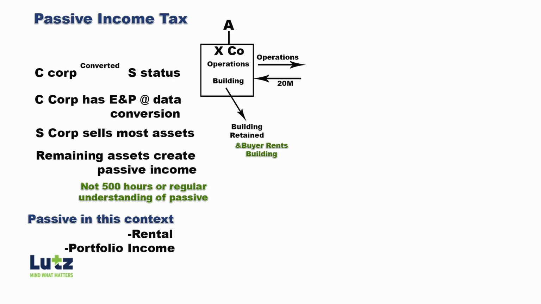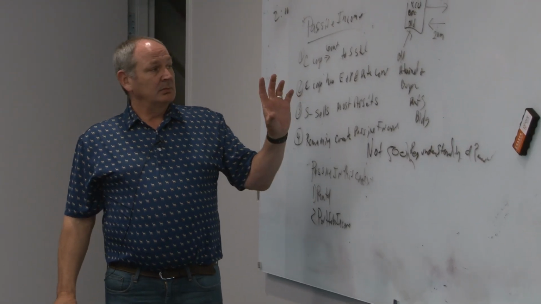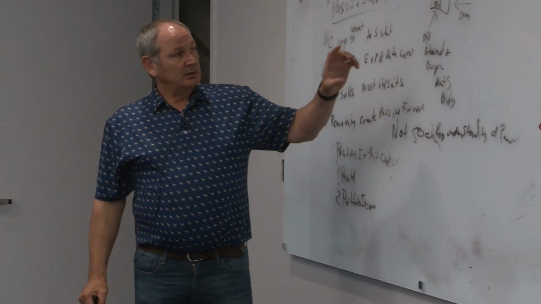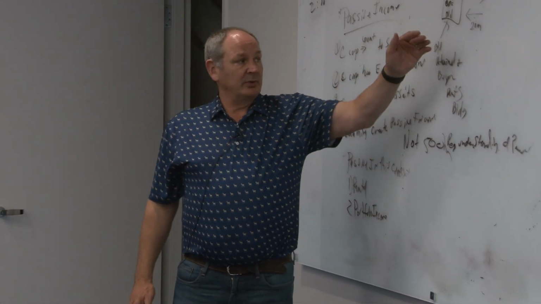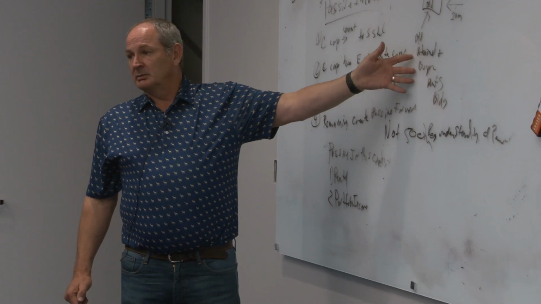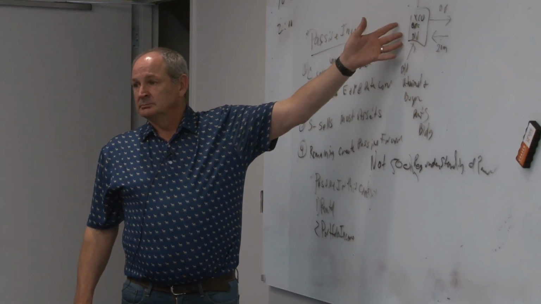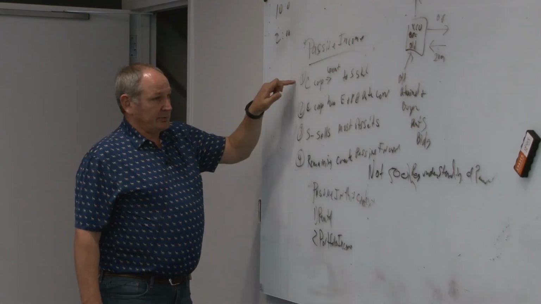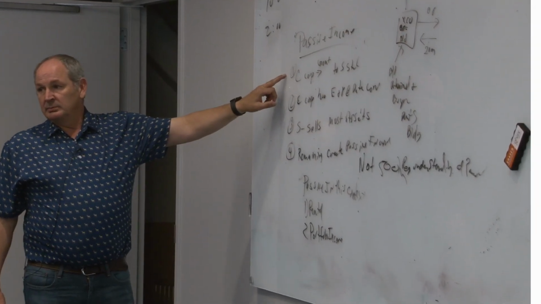So once the operations leave the building, all you've got is the building rental, you have passive income. And you have to ask: was I previously a C Corp? Yeah.